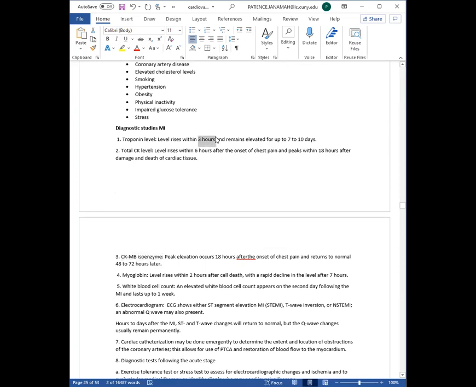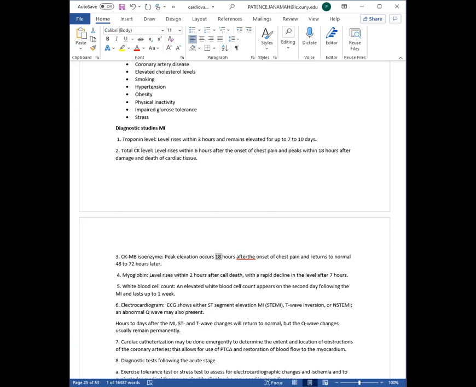So this is the only difference between the troponin and the CKMB. Troponin will be done first because within 3 hours of the heart muscle death, you are going to start noticing a problem with the heart. But the CKMB elevation starts in 18 hours, before the enzyme of the heart is able to detect that there is a problem.